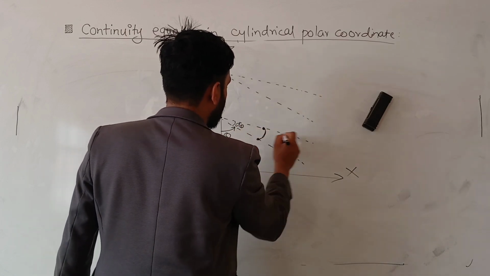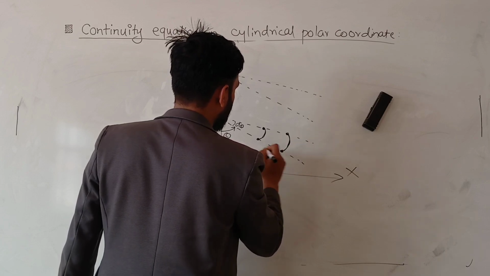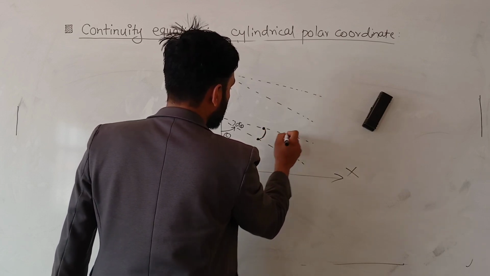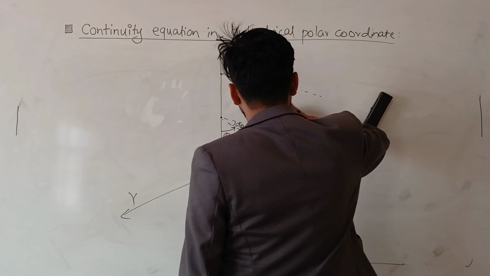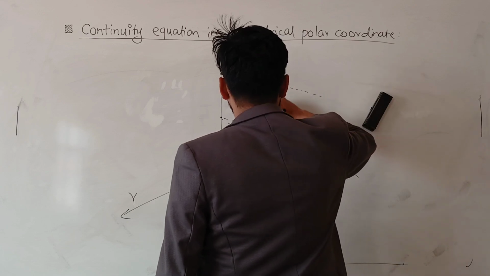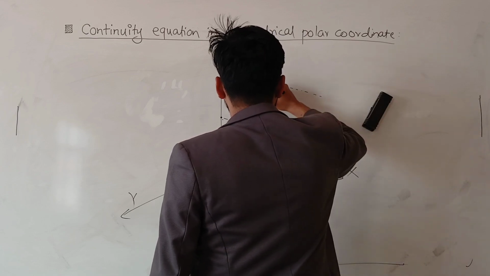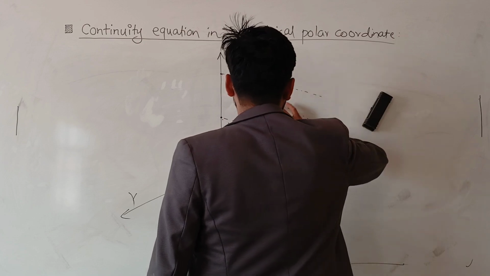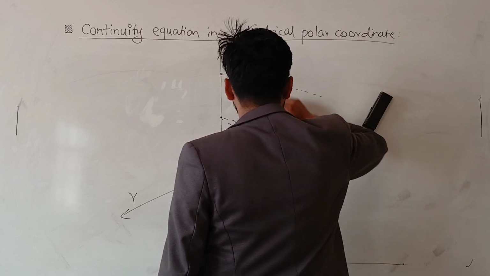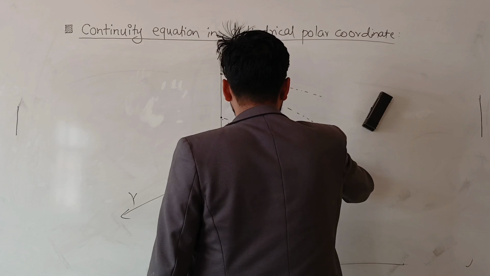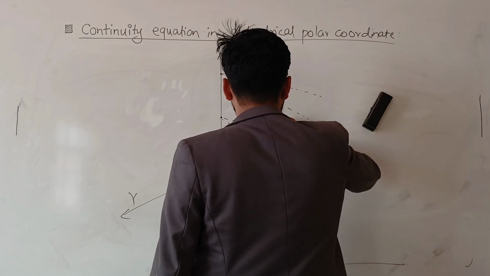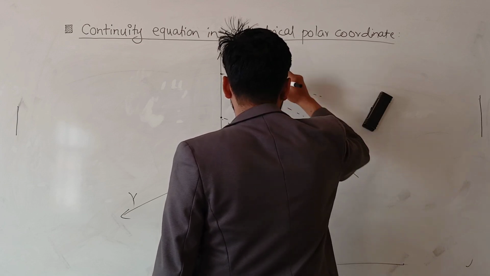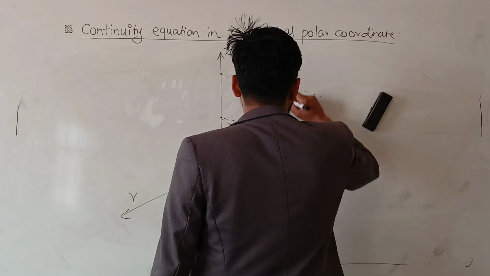Here I have just marked 4 points, and let's draw a vertical line up to this point and a vertical line up to this point, and a vertical line up to this point and a vertical line up to this point.